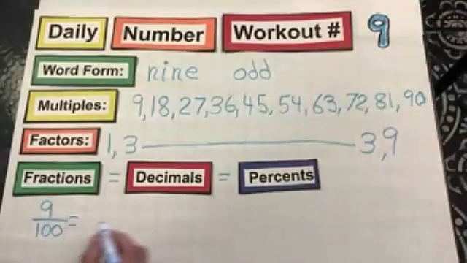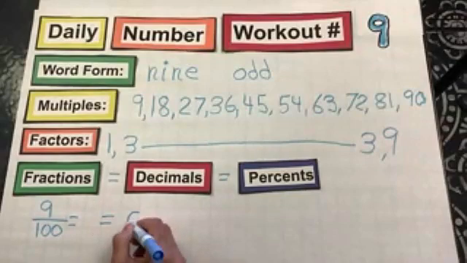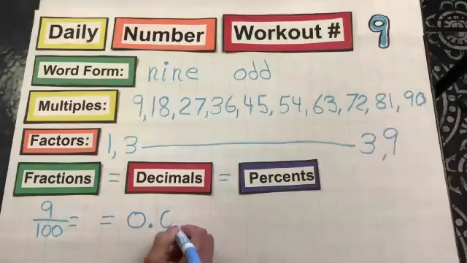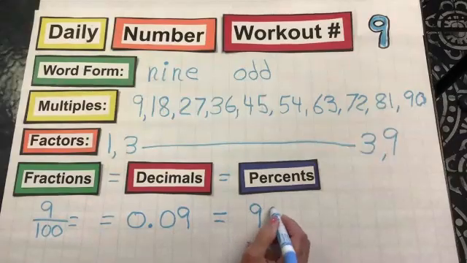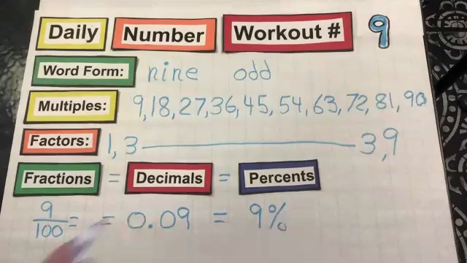So let's move on to decimal. So this 9/100ths is equal to 0 and 9/100ths, which is equal to 9%. So if we went to the store and they were giving us a 9% discount, that would be 9 cents off of every dollar.